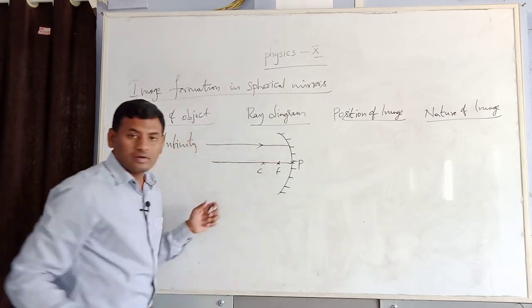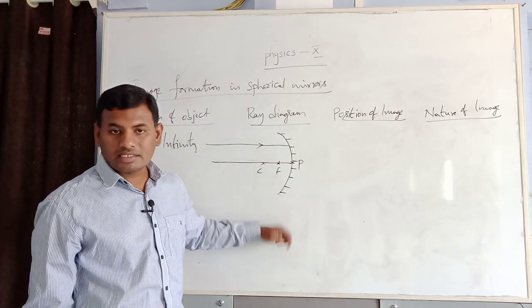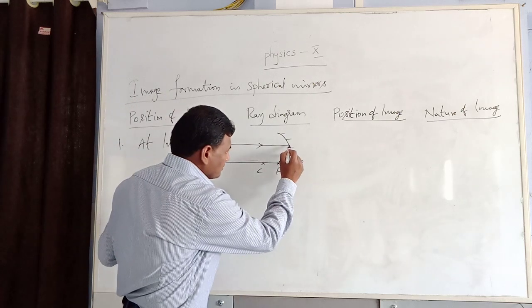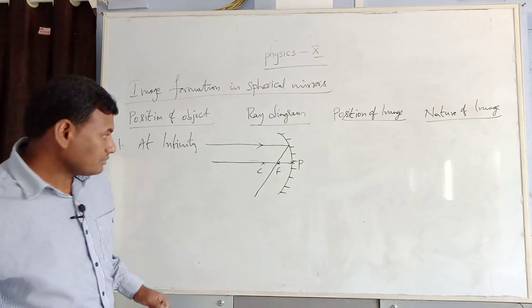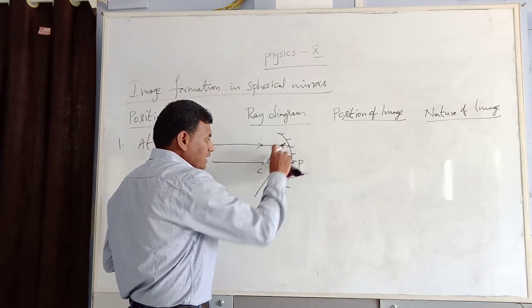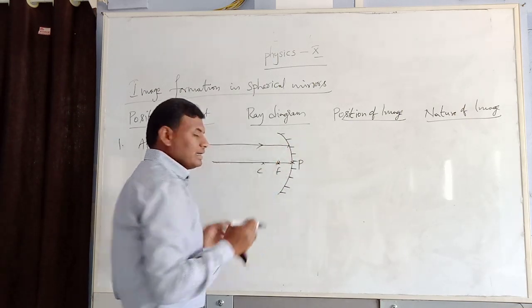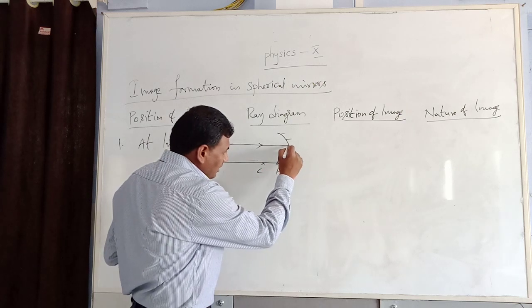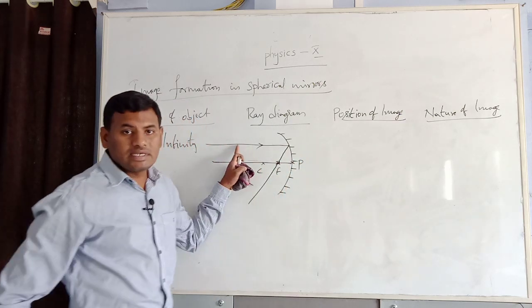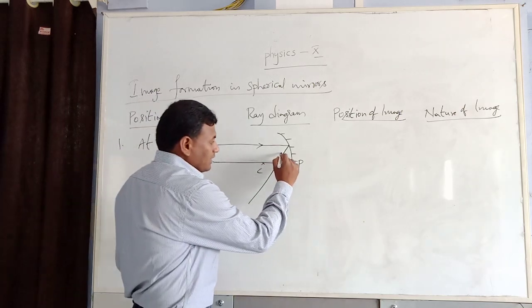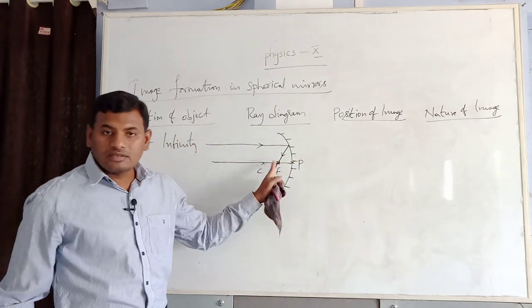When they fall on the concave mirror, after reflection they pass through the principal focus. So this is the incident ray and this is the reflected ray, and the reflected ray is passing through the principal focus.